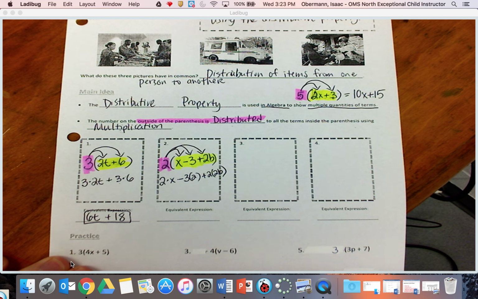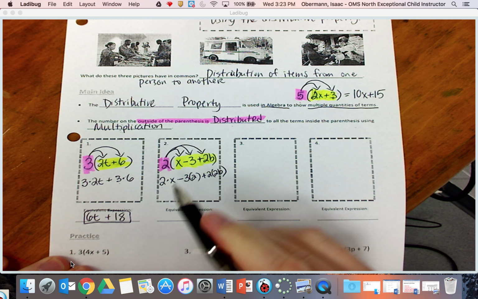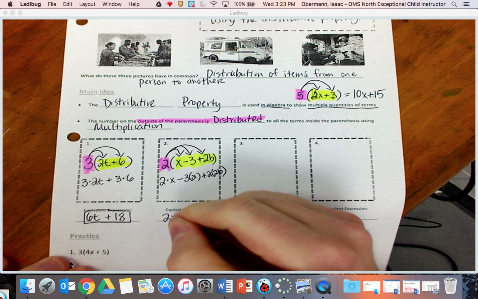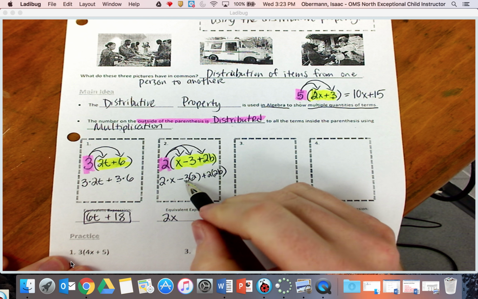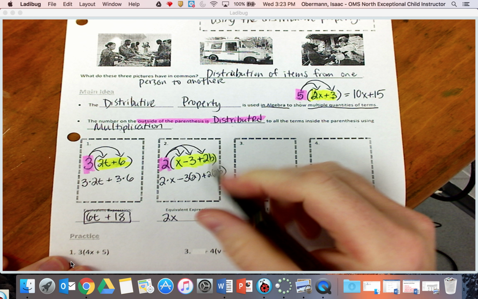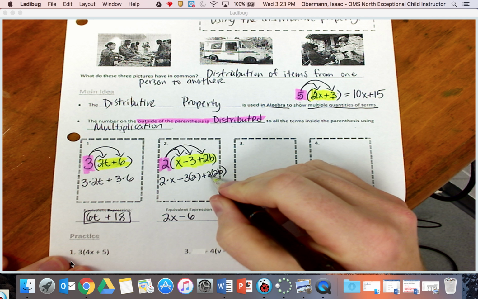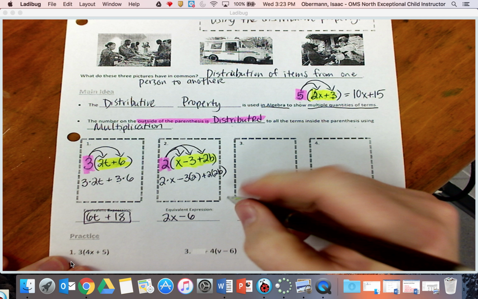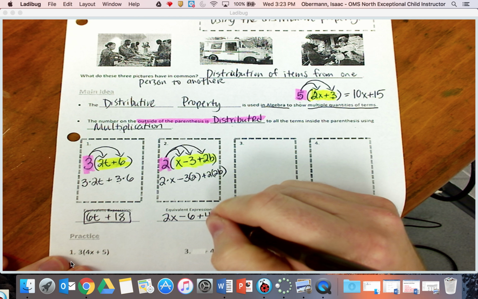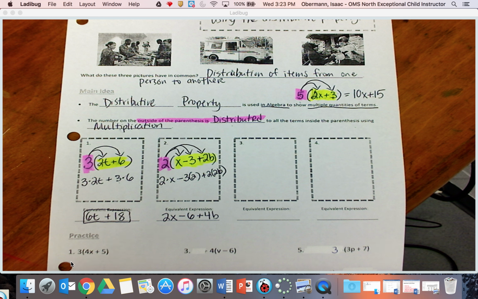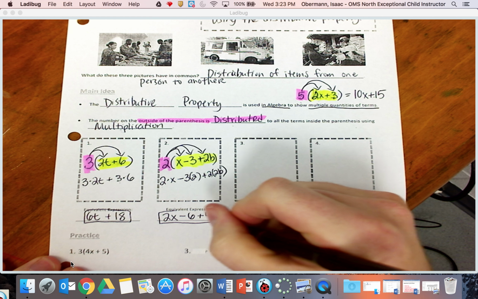And then I just do my addition. 2 times x is 2x. I have negative 3 times 2, which is going to give me negative 6. And then I also have 2 times 2b, which is going to give me 4b right there. And that is my solution.